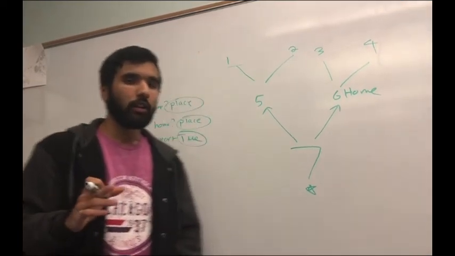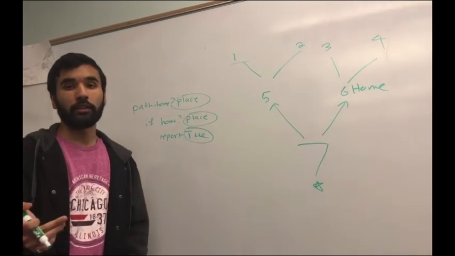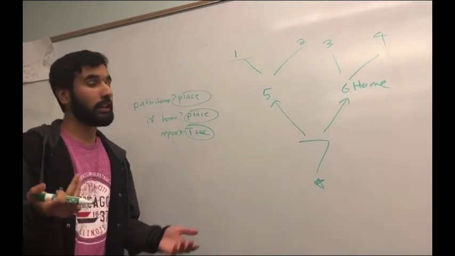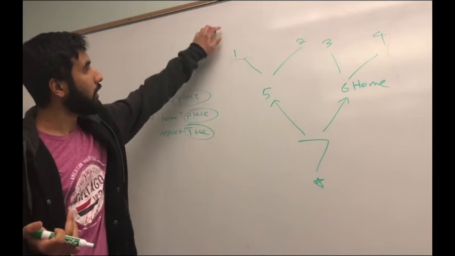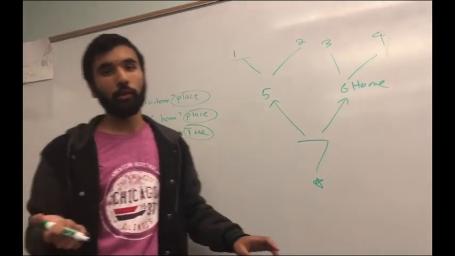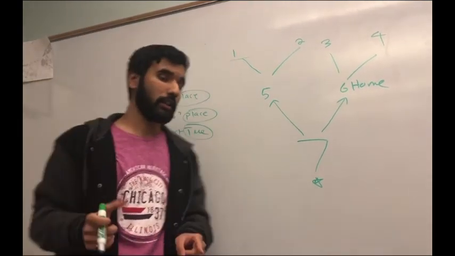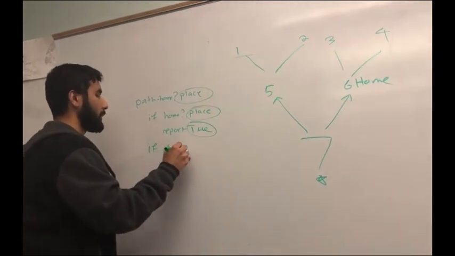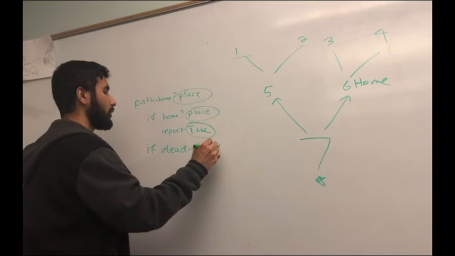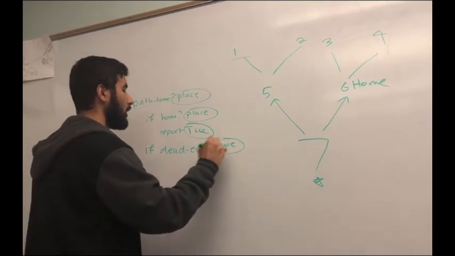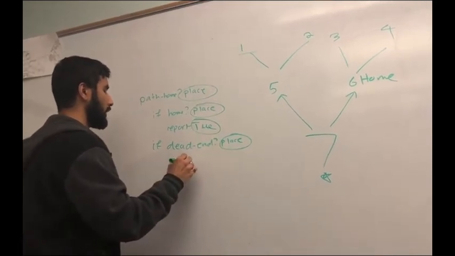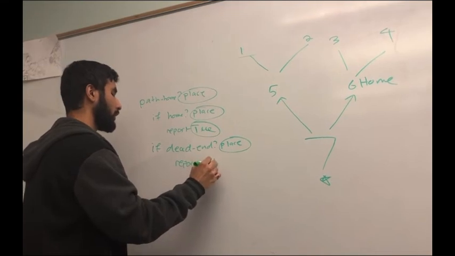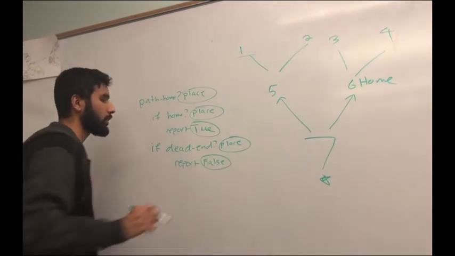Now, what is another simple case? If you're at a dead end, say you're over here, and there's nowhere to go, can you possibly get home? No, you can't. So that's the second case. If dead end place, we report false because there's no possible way that you could get home. However, someone might ask, why did we do the base cases in this particular order?